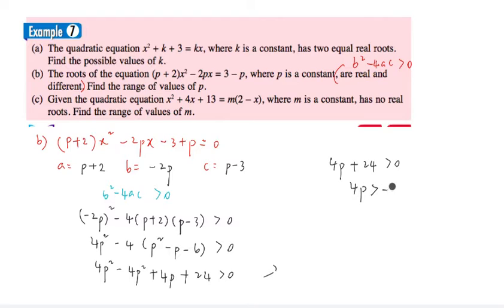So 4p more than negative 24. Plus goes there as minus. I'm not dividing by a negative, so the sign is the same. So negative 24 over 4 is negative 6. If you shift plus or minus, you don't need to change the sign. If here it were negative 4 and you move it there, you need to change the sign. But now no, so just follow like normal.